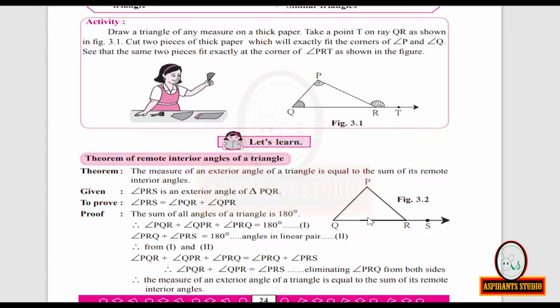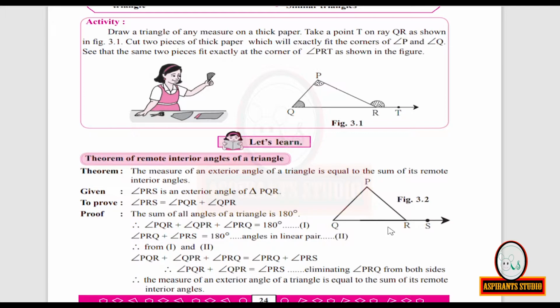So once again I repeat, the theorem goes like this. Theorem of remote interior angles of a triangle. The measure of an exterior angle of a triangle is equal to the sum of its remote interior angles. You are given angle PRS is an exterior angle of the triangle PQR. Look at figure 3.2.